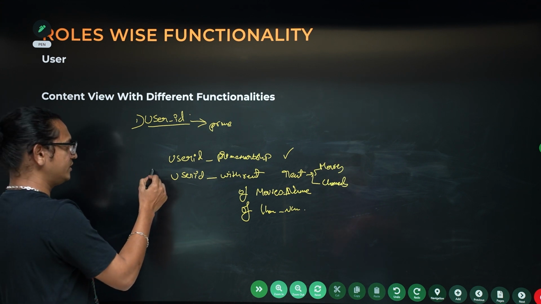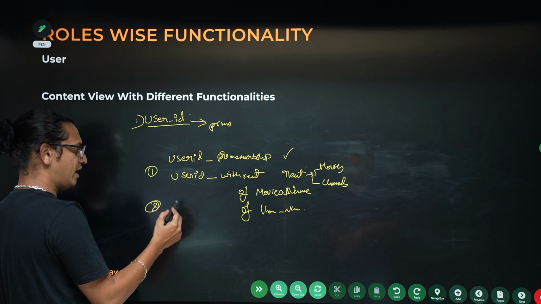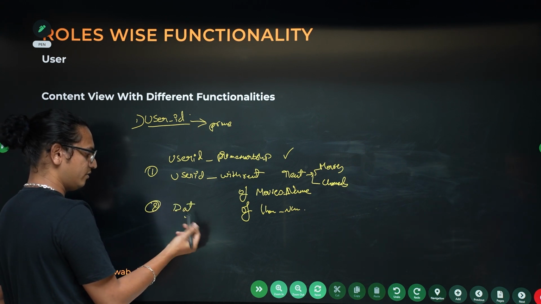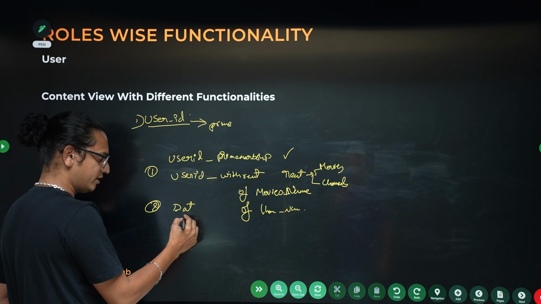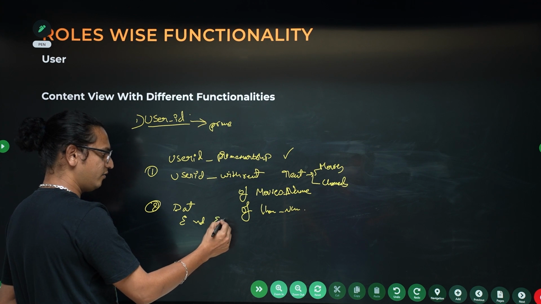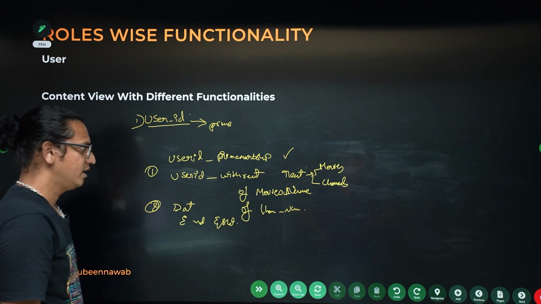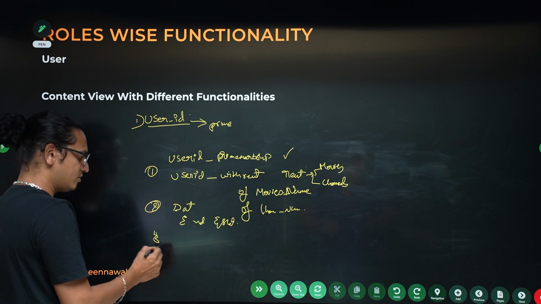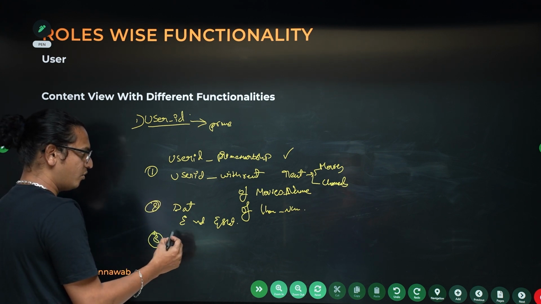The first thing is that, and second, we'll have the date of subscription, where the start date and end date of the subscription are mentioned. Along with this, the user also has a moderator option.